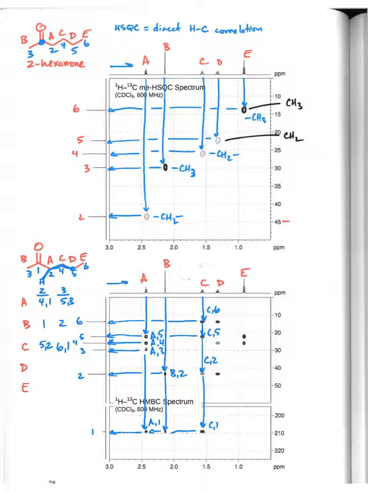Moving on to D, you can see that D has 3 relationships. So we have D6, that's 2-bond. D4, that's 2-bond.